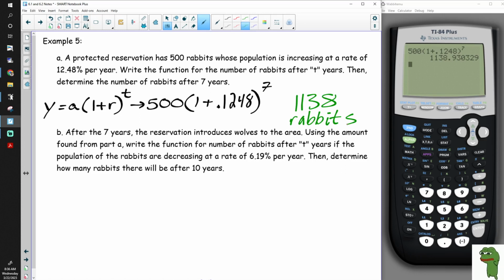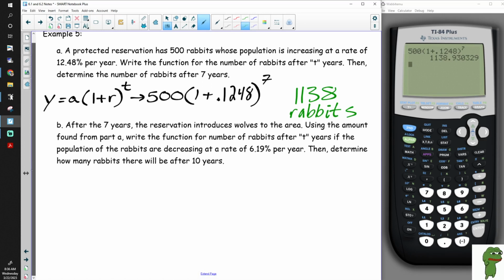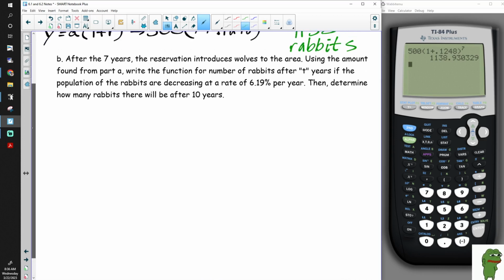Using the amount found from part A, which was the 1,138 rabbits, we're going to write a function for the number of rabbits after 2 years if the populations of rabbits are now decreasing by a rate of 6.19% per year. We'll see how these wolves will affect those populations after 10 years. Okay? So if wolves are now in the area, what do you think is happening to that population?